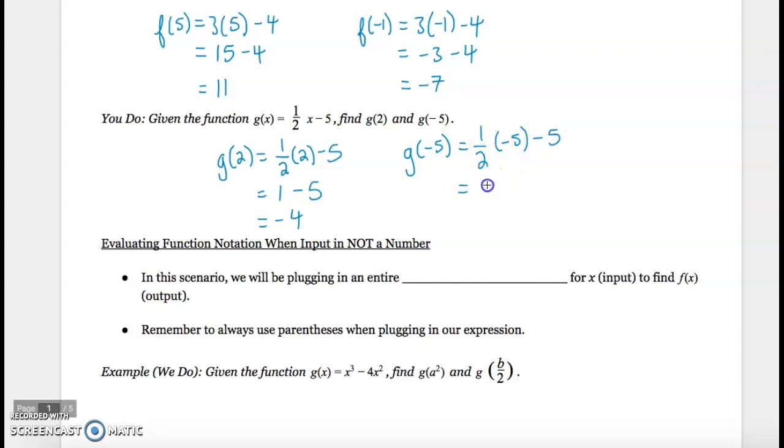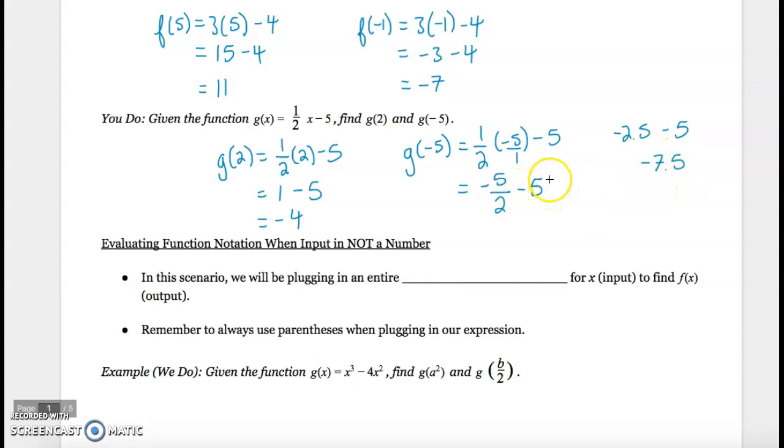Negative 5 times 1/2 is negative 5/2, right? I could treat this secretly as negative 5 over 1, and when we multiply fractions, you multiply straight across the top and the bottom. And then I'm subtracting 5 more. If you want to change this to decimals, feel free. In decimals, it would be negative 2.5 minus 5, which would give me negative 7.5 as an answer.